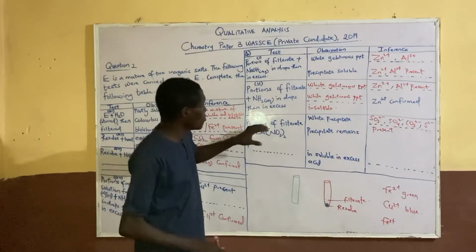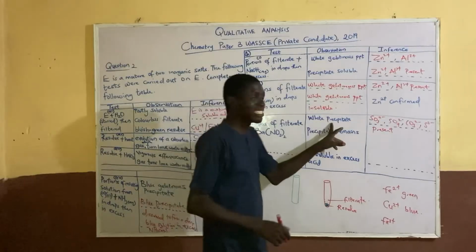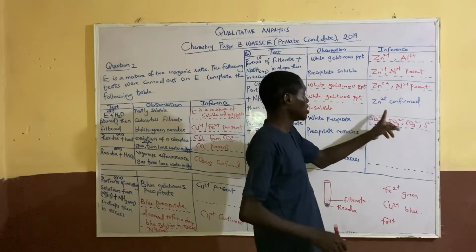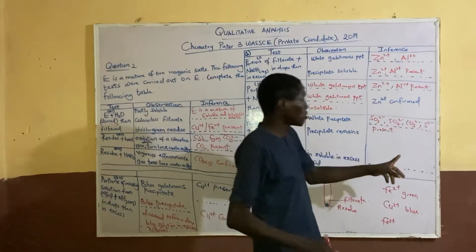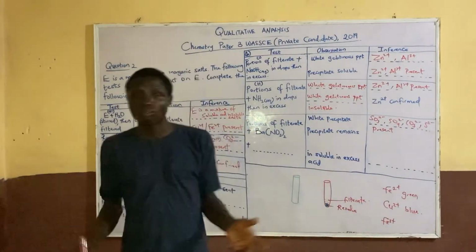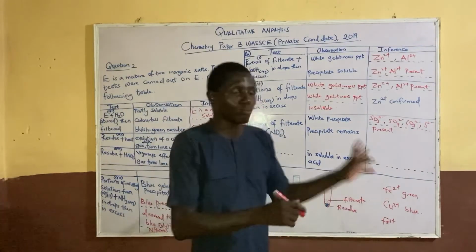So when you add it to the portion of the filtrate and you get a white precipitate, the sulfate ion, carbonate ion, and sulfite ion are likely to be present.